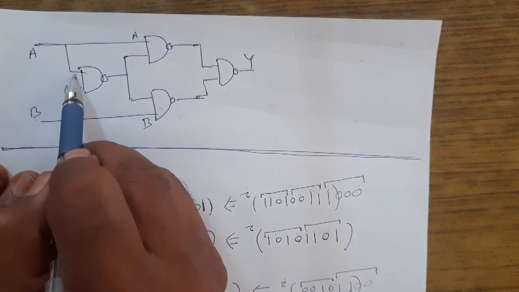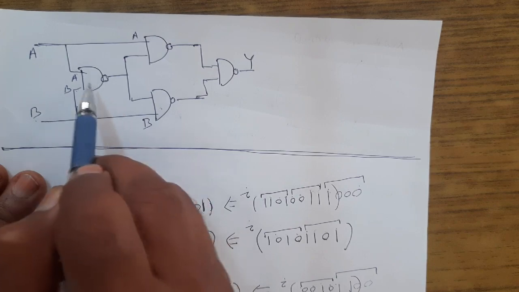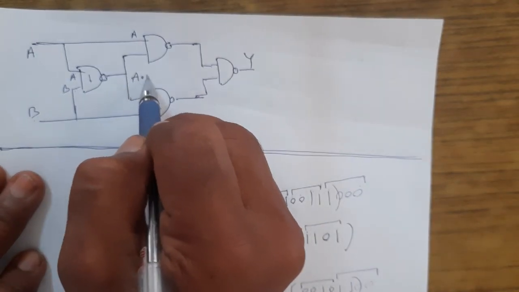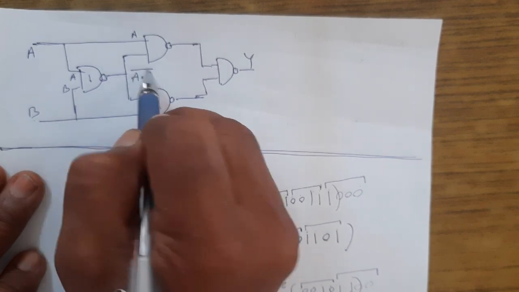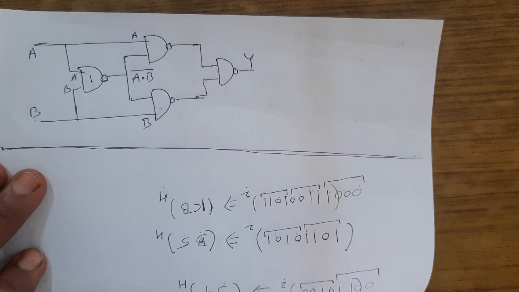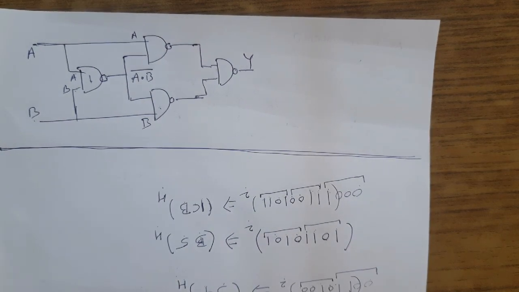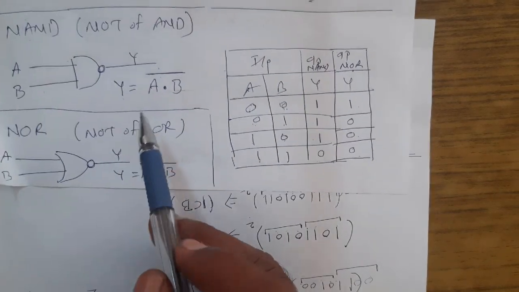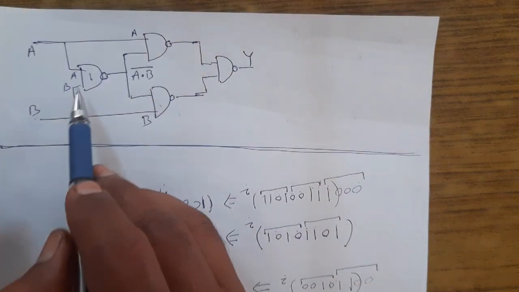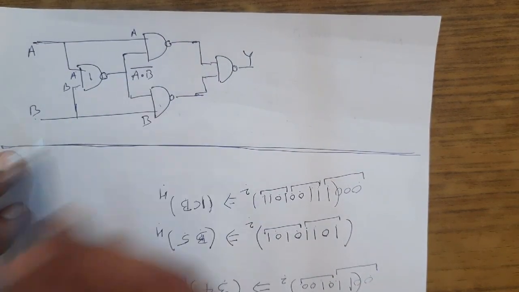Because of these two inputs A and B, the output of this first NAND gate will be (A dot B) complement, and it is nothing but the output of the corresponding NAND gate. In our previous video where we introduced the NAND gate, we mentioned that this is our NAND gate and the output is Y is equal to (A dot B) complement. Here it is the A B input, (A dot B) complement.